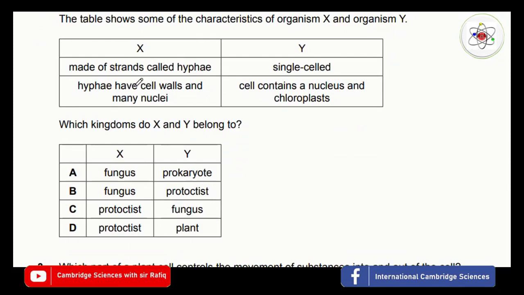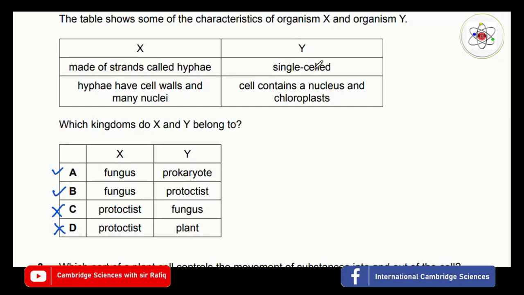The description clearly indicates that it is talking about fungus, not protoctist. So our answer will either be from A or B.